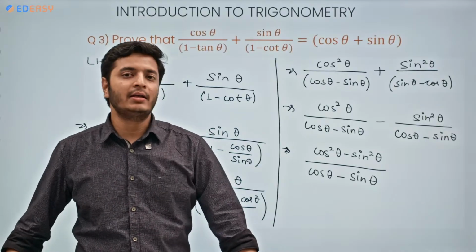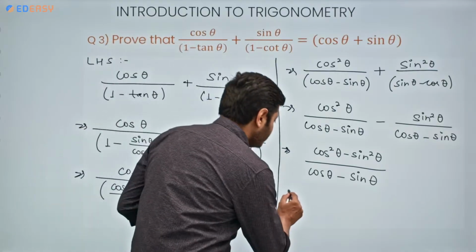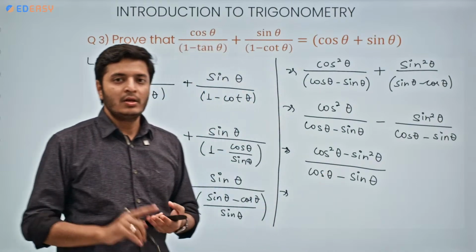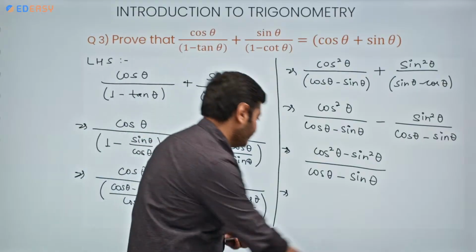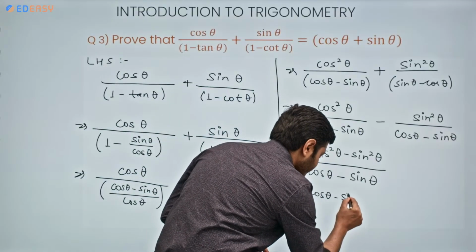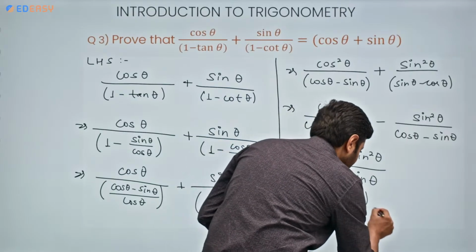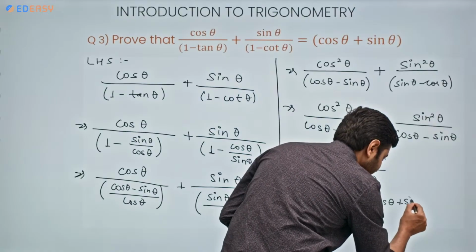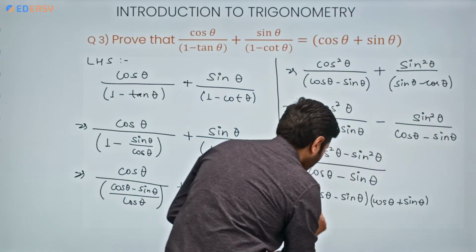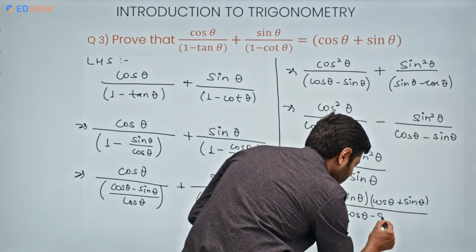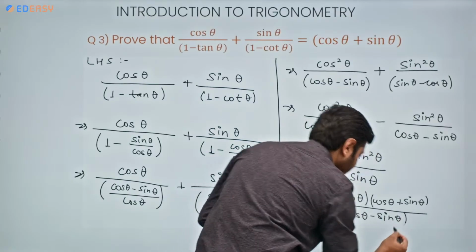So that identity I can apply here. According to that identity, cos square theta minus sin square theta will become cos theta minus sin theta into cos theta plus sin theta, divided by cos theta minus sin theta.